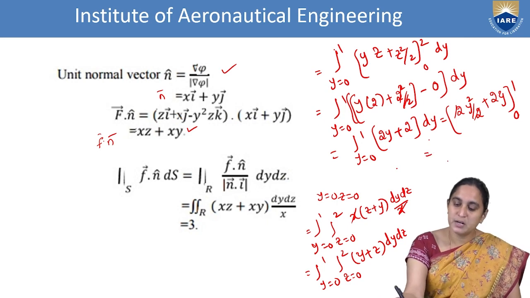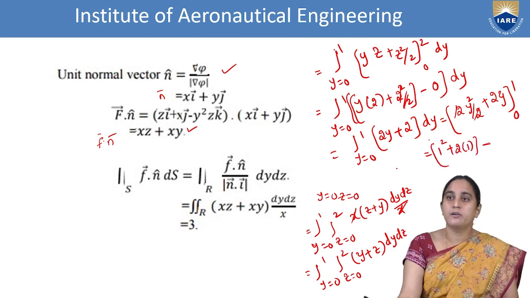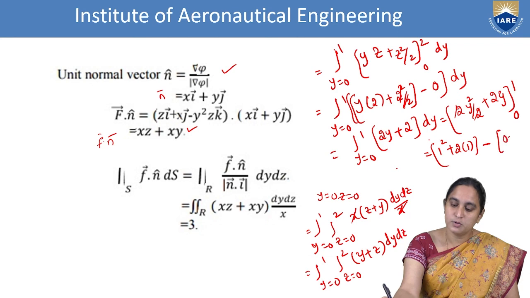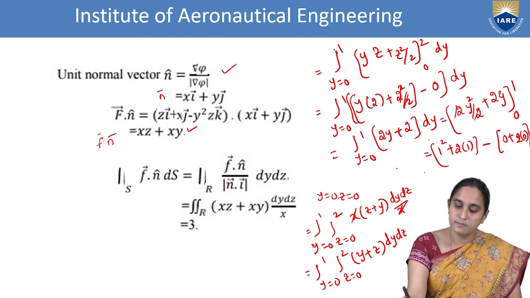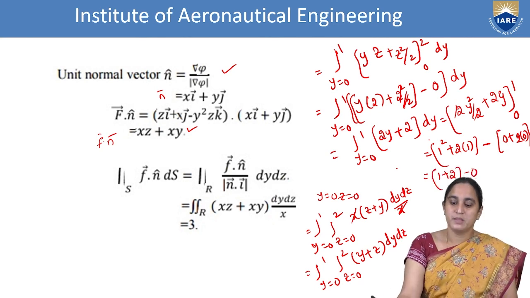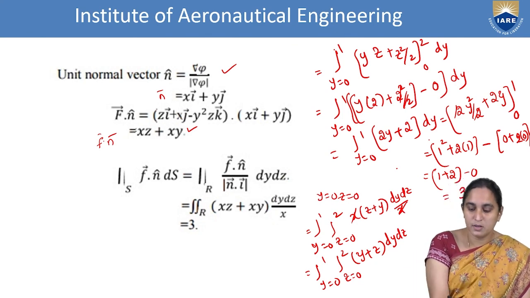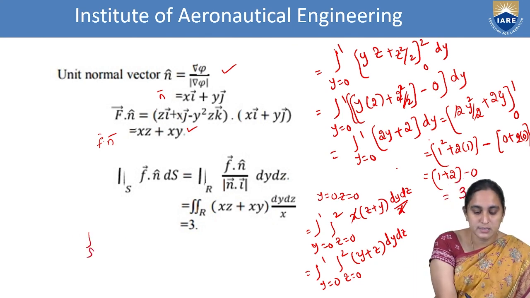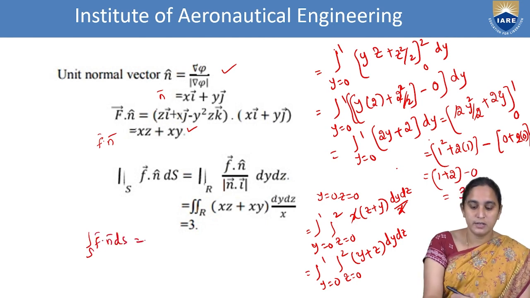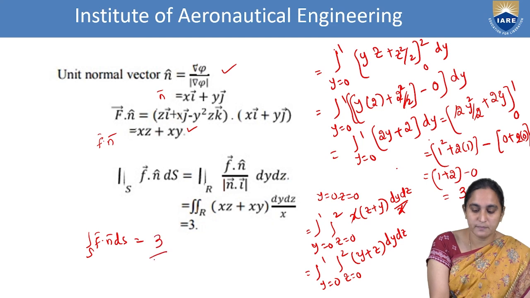The upper limit 1 gives 1 square plus 2 into 1, minus 0 plus 2 into 0. That is 1 plus 2 minus 0, which is equal to 3. Therefore, the surface integral of f bar dot n bar ds is equal to 3, the final answer for this question.